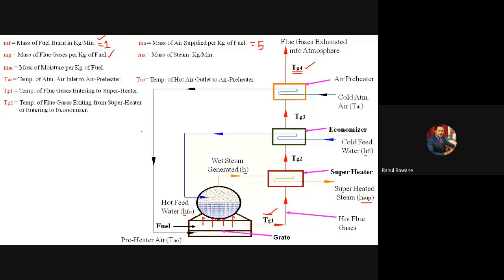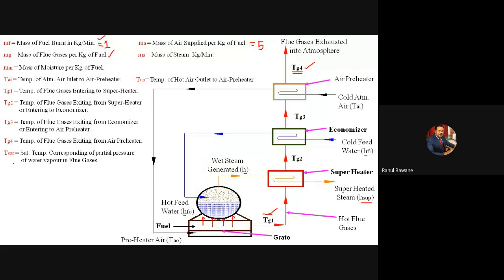TG2 is temperature after superheater or entering to economizer. TG3, temperature of exhaust gases after economizer or entering to air preheater. And TG4 is the hot flue gases exit or leaving air preheater or entering the atmosphere.